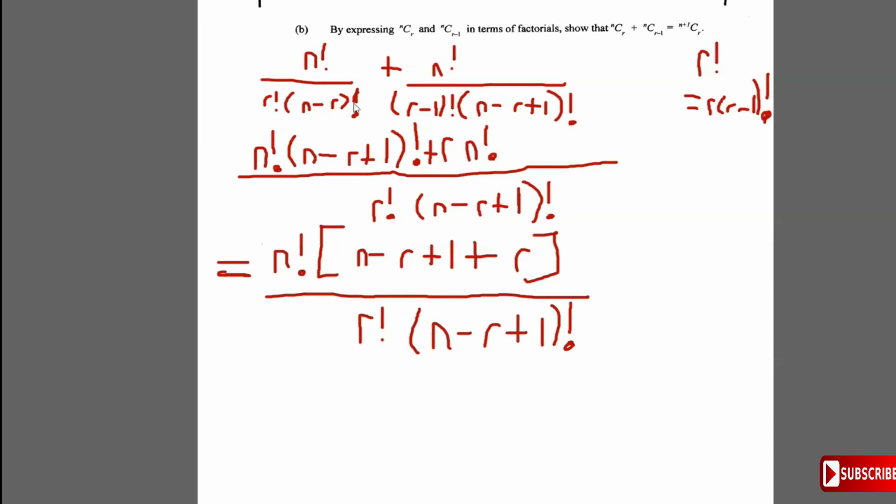Listen to this, n minus r into n. Oh, here's the mistake. A mistake was made here. N minus r. Think of n minus r as 5. And so n minus r plus 1 is like 6. 5 factorial into 6 factorial would leave 6. Right?